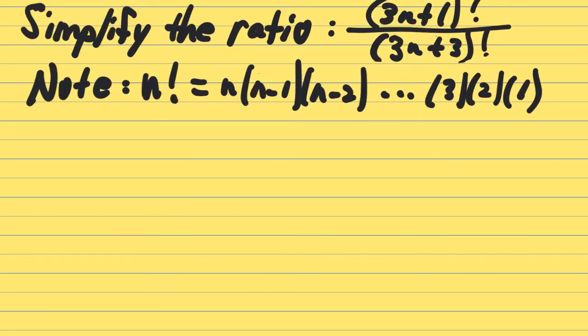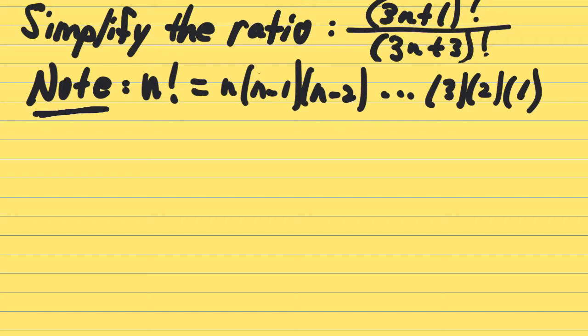Next slide, we're going to look at simplifying a factorial ratio. Factorial is consecutive multiplication. And I wrote in the note here that n factorial is defined as n times n minus 1.